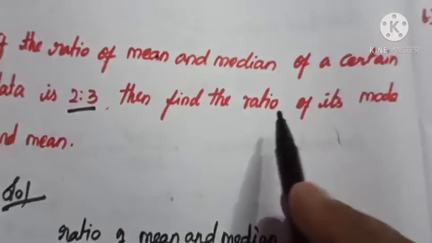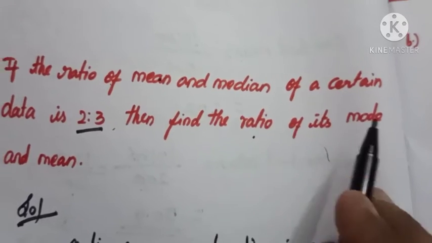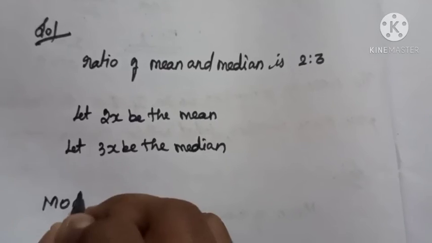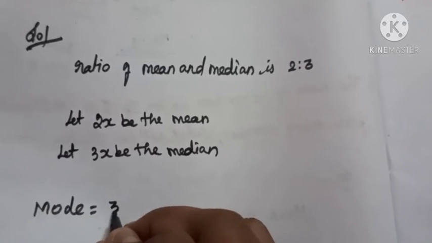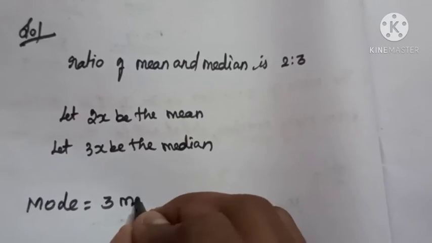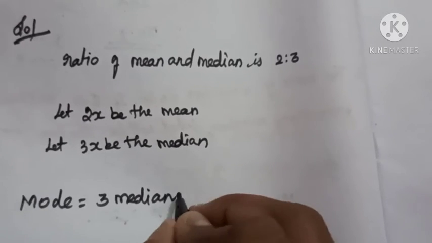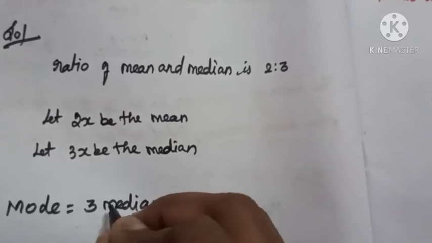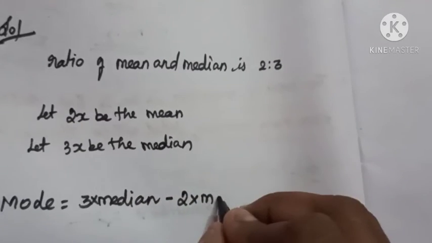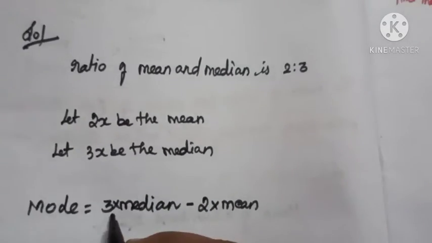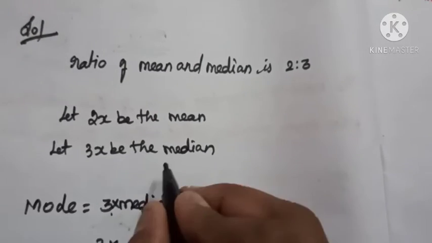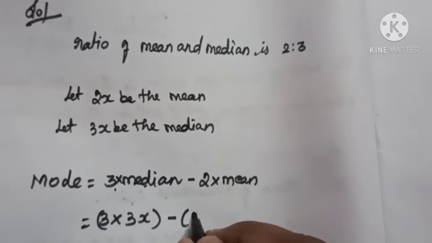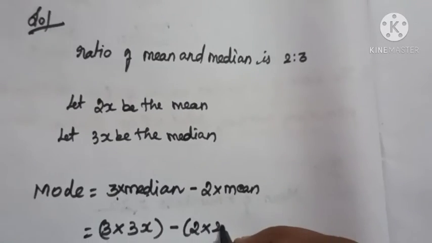Next we need to find the ratio of mode and mean. How do you find the mode? By using the formula. Mode is equal to 3 into median minus 2 into mean. So 3 into median is 3 times 3x, minus 2 into mean, which is 2 times 2x.